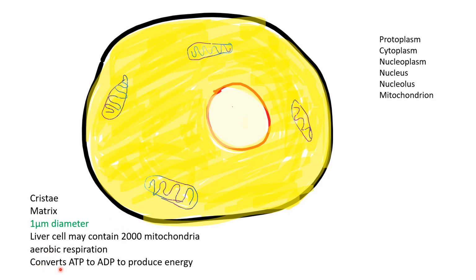ATP, which you will soon study further, is converted to ADP, and hence it produces energy. This process of aerobic respiration takes place inside the mitochondrion. It is like the breathing center for the cell. Okay.